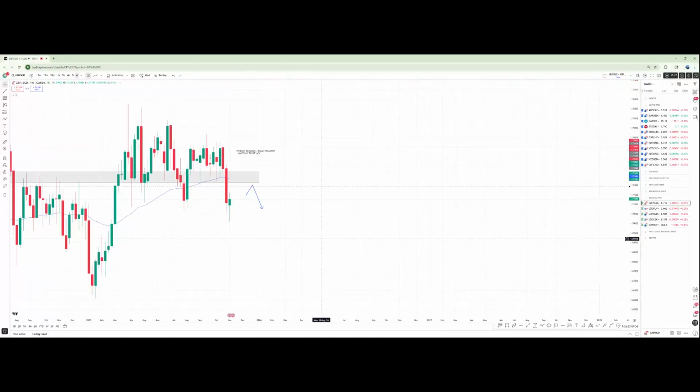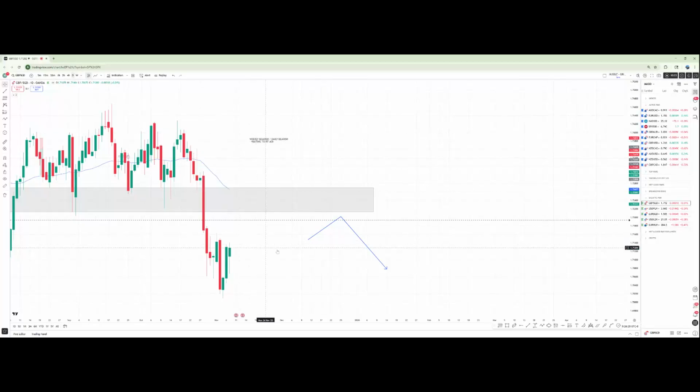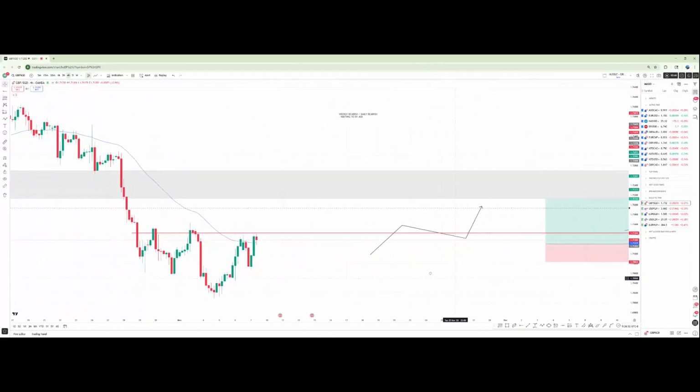GBP SGD, weekly weak pullback. On the daily, you see, if the daily shifts, then you could look for an opportunity to have the counter trend, then 4 hour.